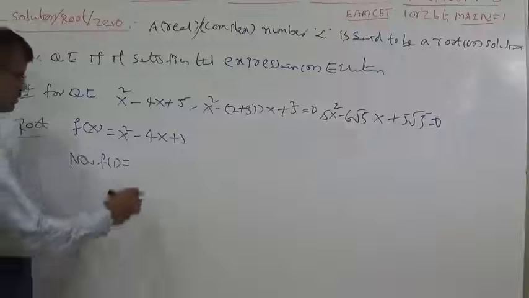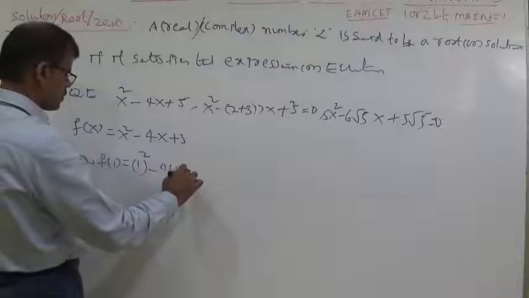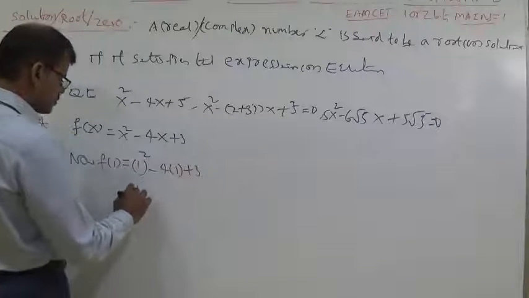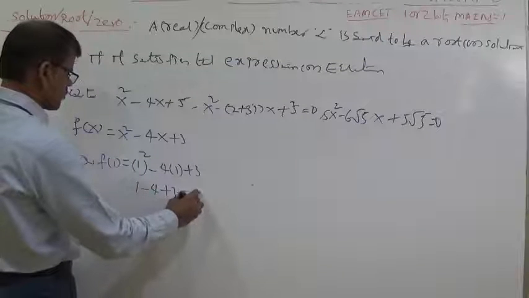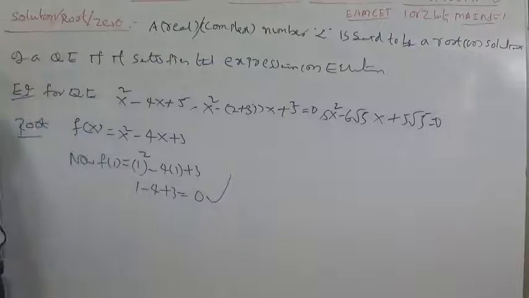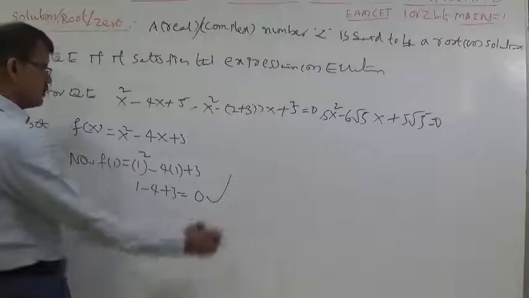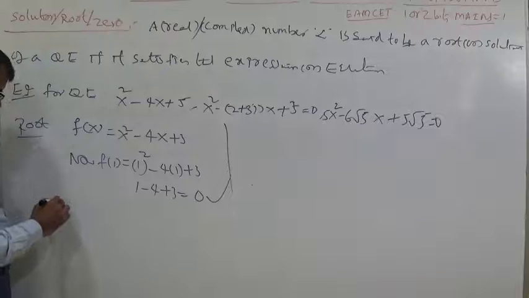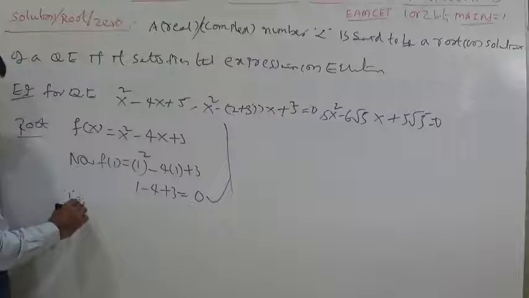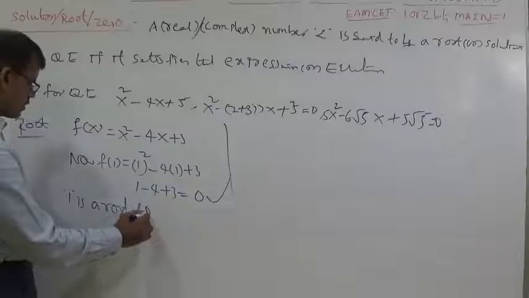Substitute 1 here. It becomes 1 square minus 4 into 1 plus 3. So 1 minus 4 plus 3 becomes 4 minus 4 equal to 0. Satisfying means that you should get the answer as 0. This is a quadratic equation. Therefore 1 is a root. Here we can say that 1 is a root of the given QE.